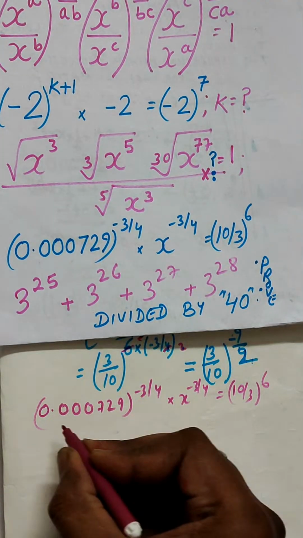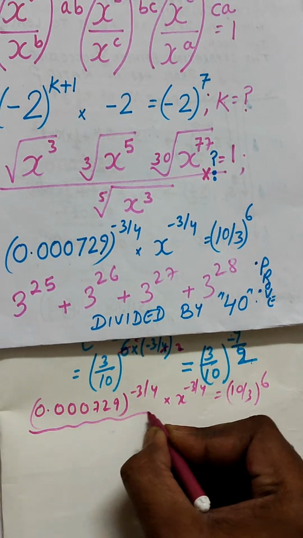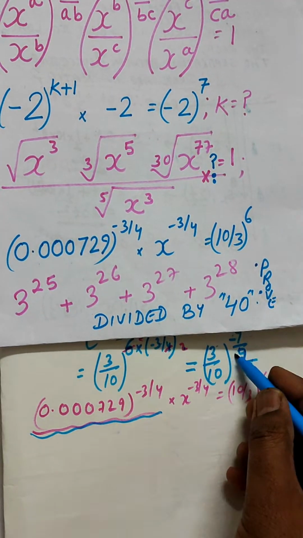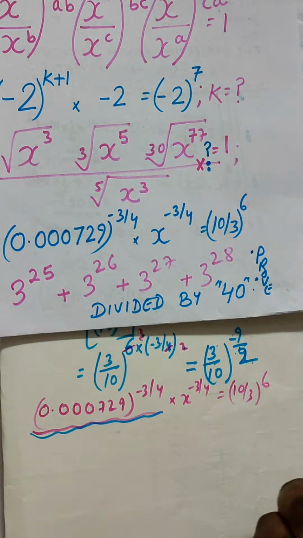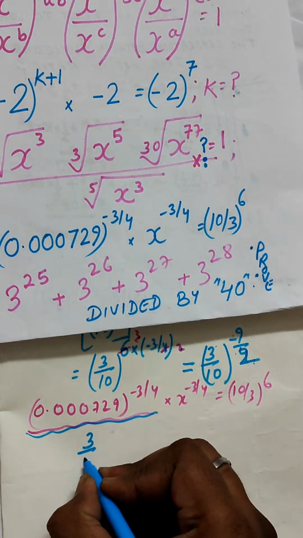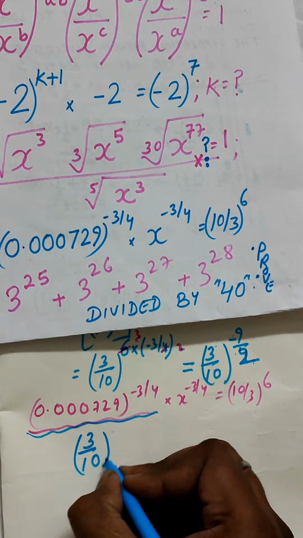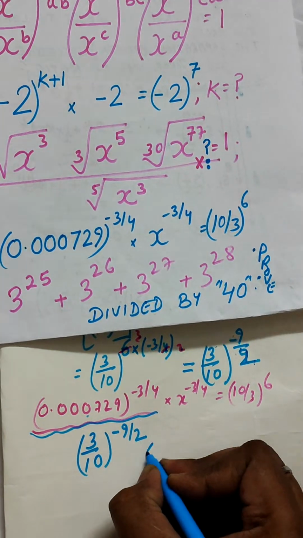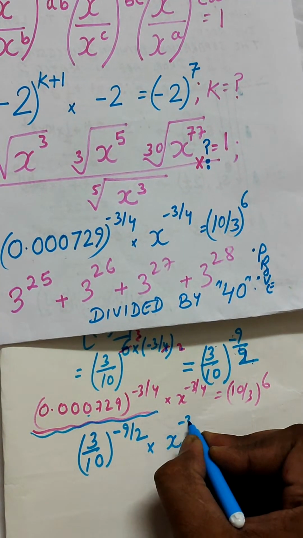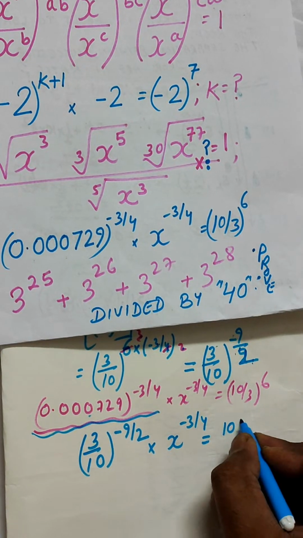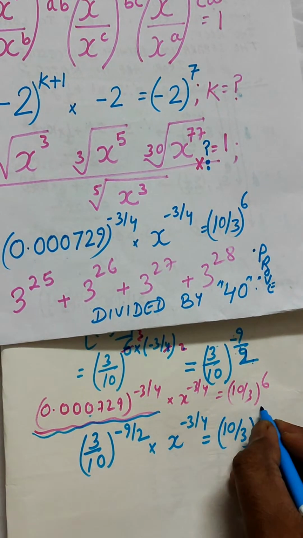So we have derived this value, this one, changing the pen. We have derived this value as 3 by 10 power minus 9 by 2, right? So we'll be writing 3 by 10 power minus 9 by 2 in place of this first term, multiplied with x power minus 3 by 4, and this will be equal to 10 by 3 power 6.